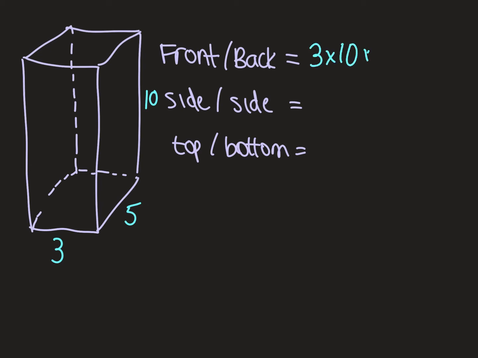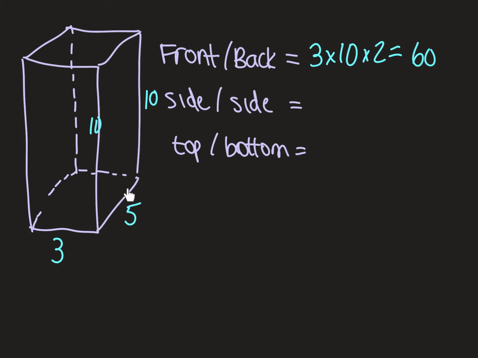3 times 10 times 2, 30 times 2 is 60. Because if that guy is 10, then this guy is 10, and when I trace it, front and back, 3 times 10 times 2. Okay, sides, left side, right side. You can either trace the left side, he's the one you can't see, or you can trace the right side.